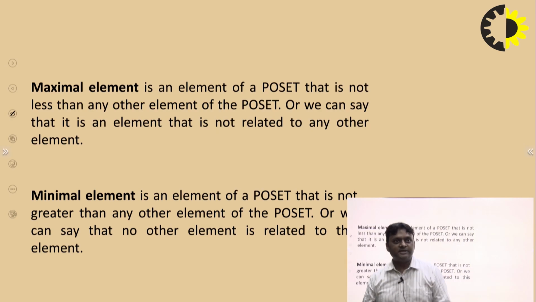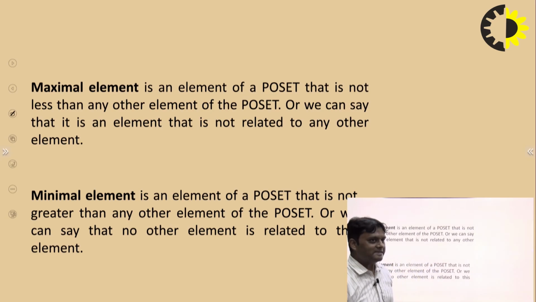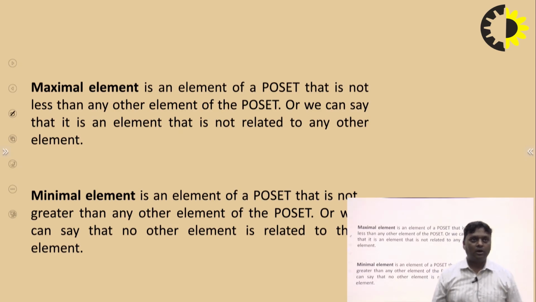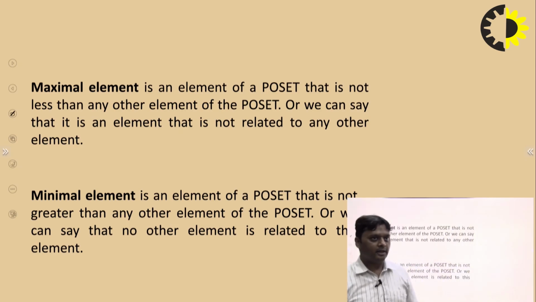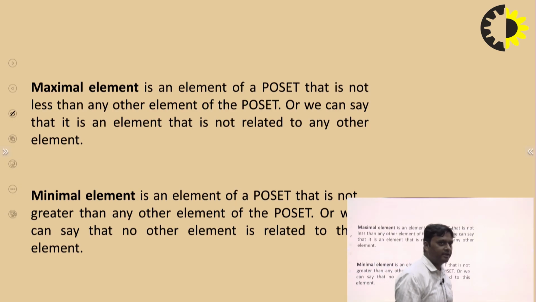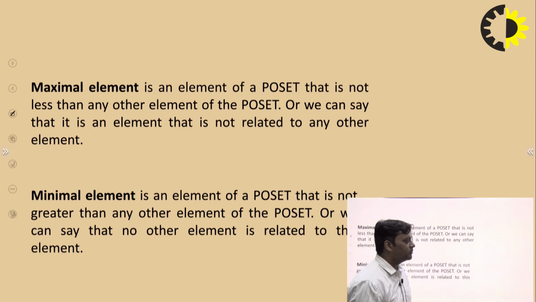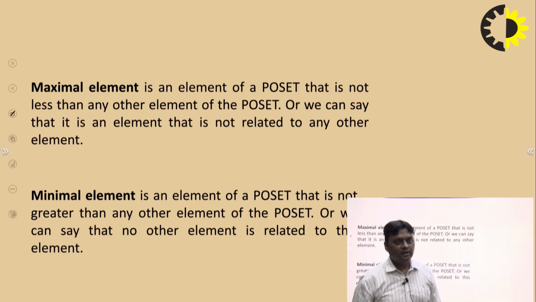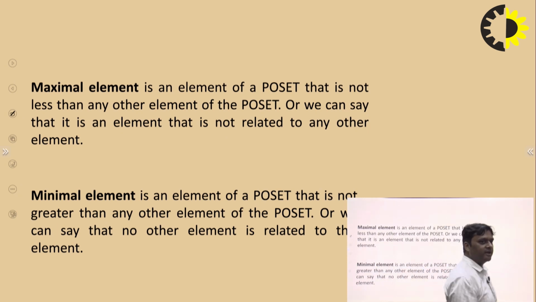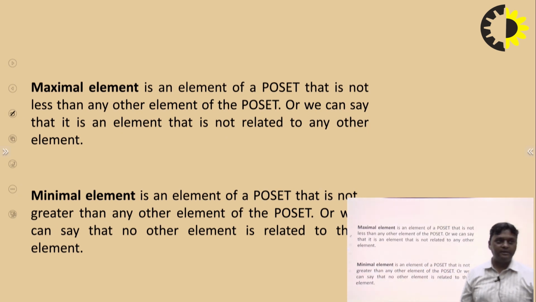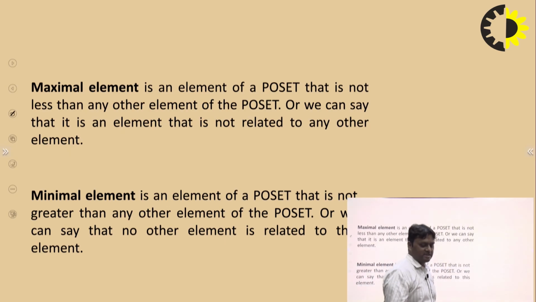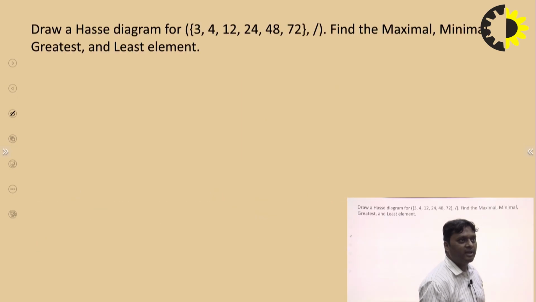A maximal element is an element of the poset that is not less than any other element of the poset, or we can say the element that is not related to any other element, means the topmost element should be the maximal element. Same, a minimal element is an element of the poset that is not greater than any element, means the smallest element of the Hasse diagram is the minimal element.